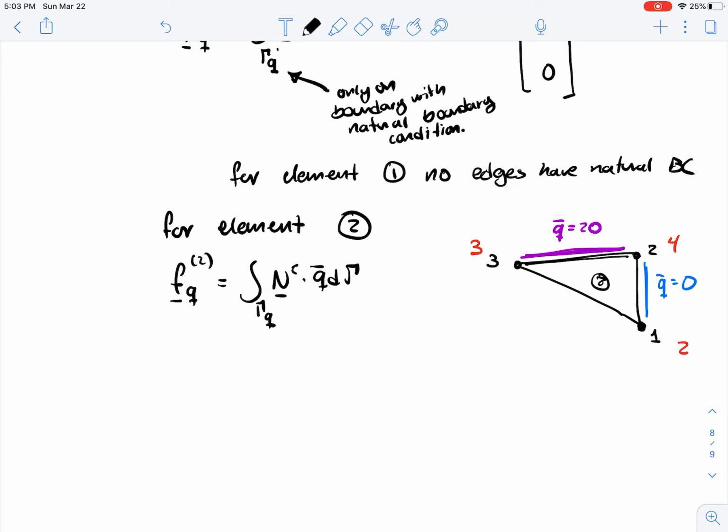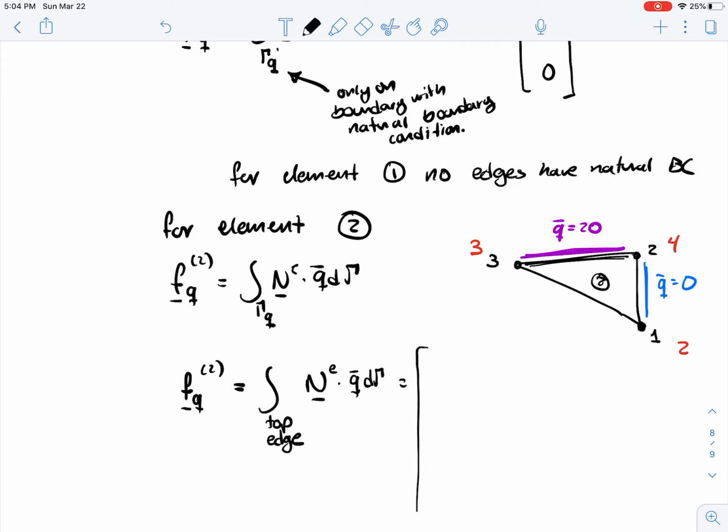So what happens with this edge? Which are the shape functions that are non-zero over this edge? This FQ2 is going to be, I'm just going to put it in words, the integral over the top edge of the shape functions times Q bar.